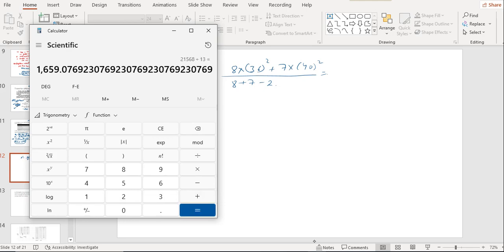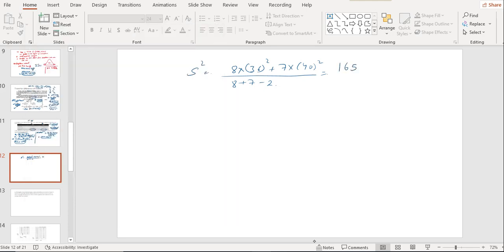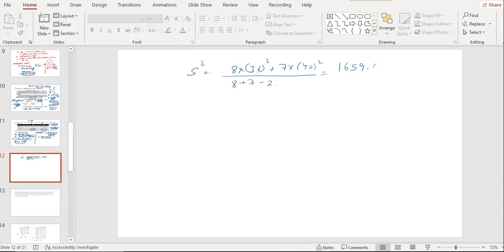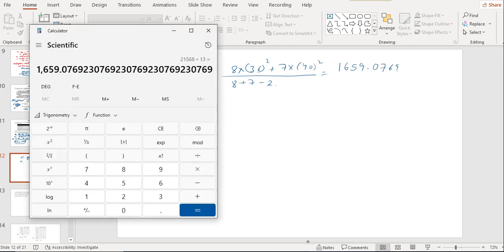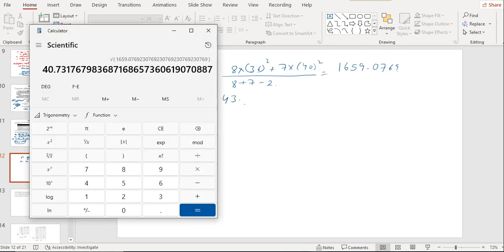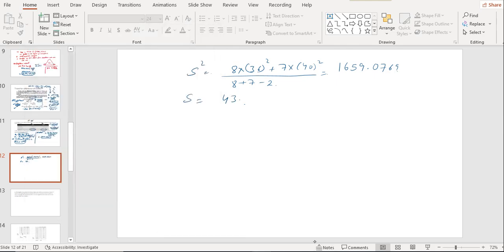This value comes out to be 1659.0769. And what about its square root? The value of capital S comes out to be, if we take its square root, approximately 40.7317, approximately 43.732. This is the approximate value.